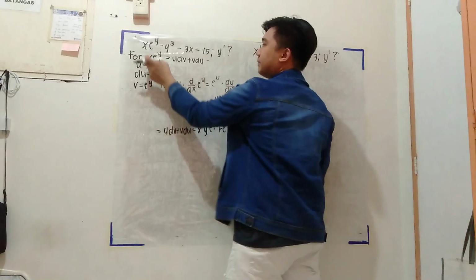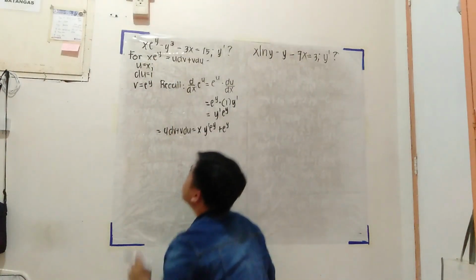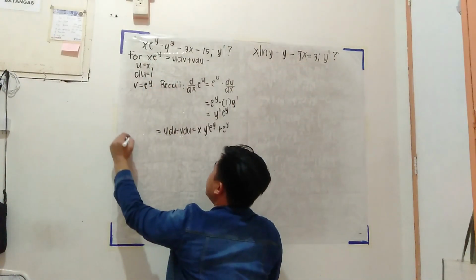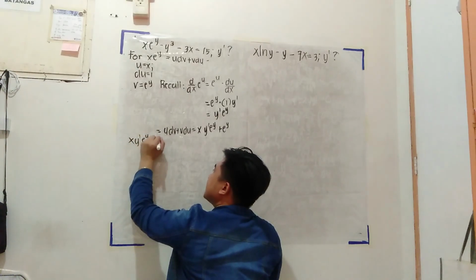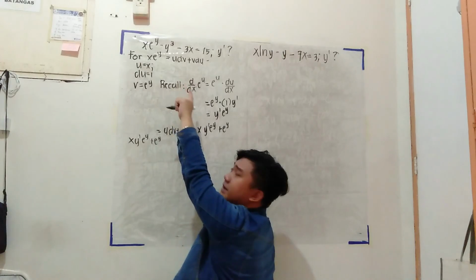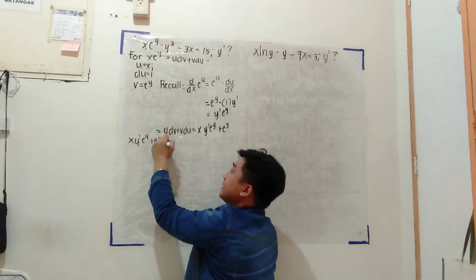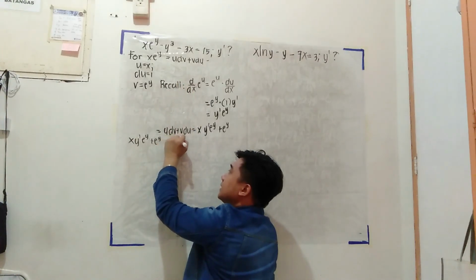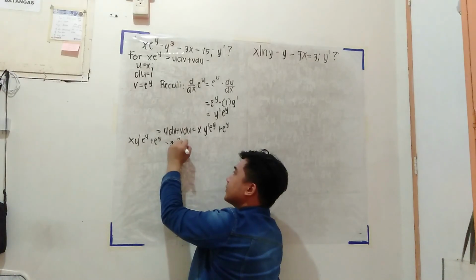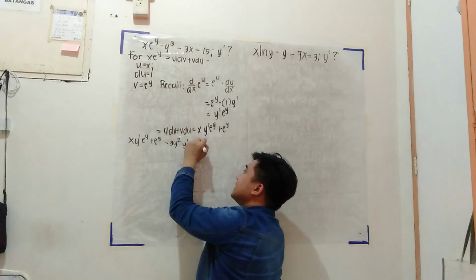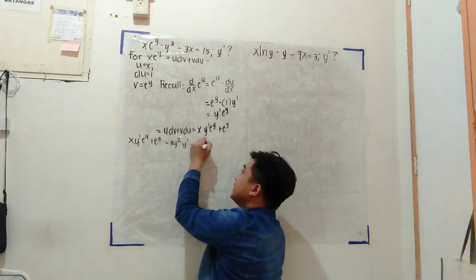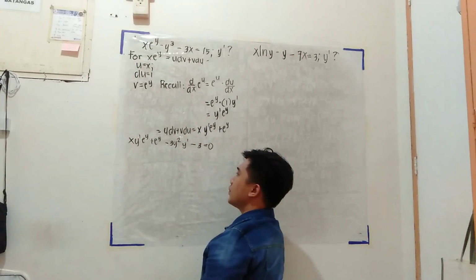So, now I have the expression for this. So, what is the derivative of x e raised to y? X, y prime e raised to y plus e raised to y. Derivative of y cubed is 3y squared. Since I differentiated y, I attach y prime. Derivative of 3x is 3. Derivative of 15 is 0.